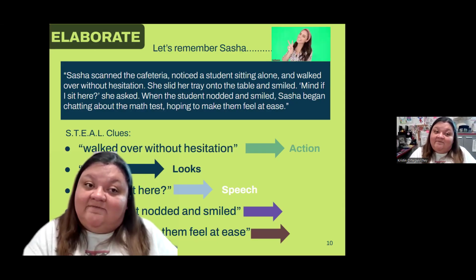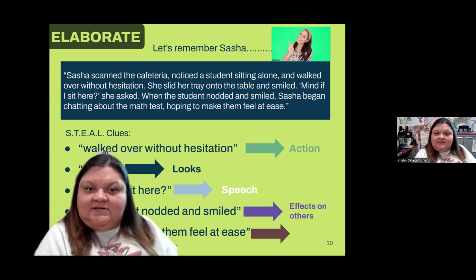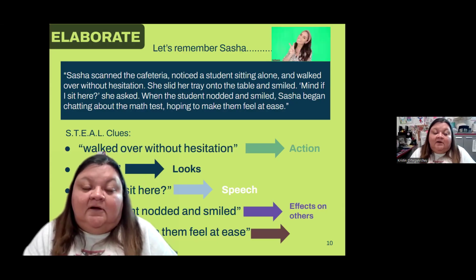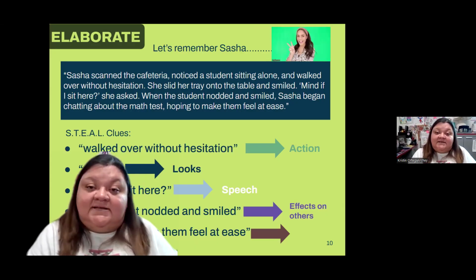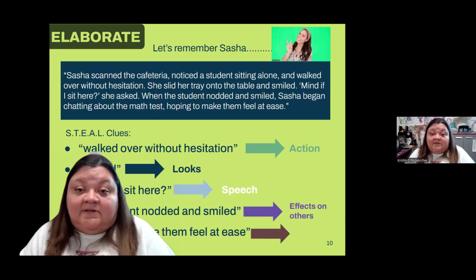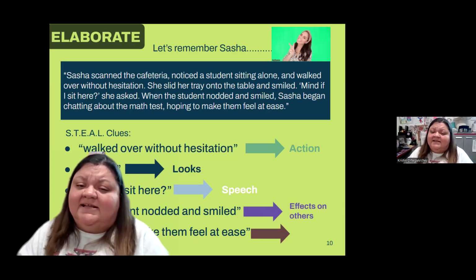But because of the effect that Sasha had on that student, the student nodded and smiled in return. And the last part says that Sasha began chatting about the math test, hoping to make them feel at ease.